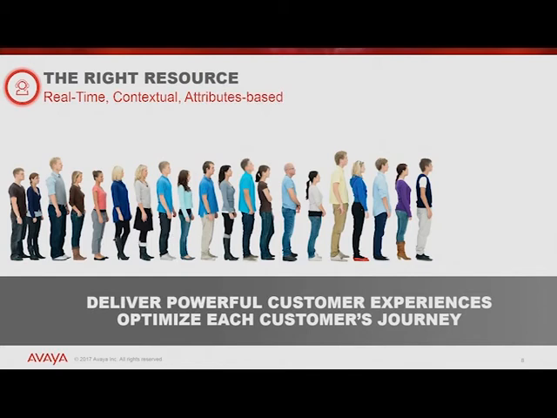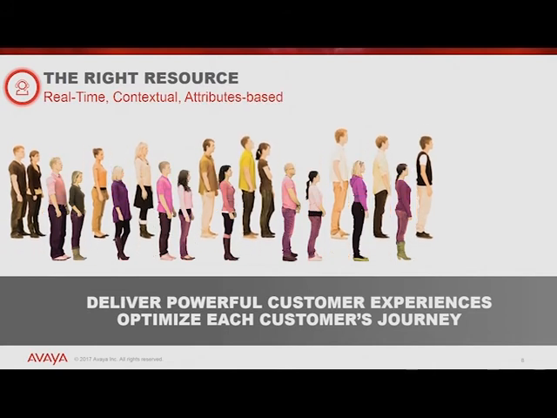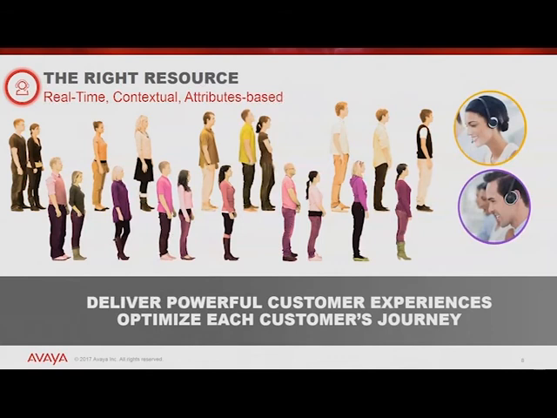Now, attributes allows us to be very, very precise about who the customer is and what the query is about, and finding the right resource within the organisation. Now that resource could be an agent. It could be an automated self-service platform, or perhaps it could be somebody working in the back office of the organisation.